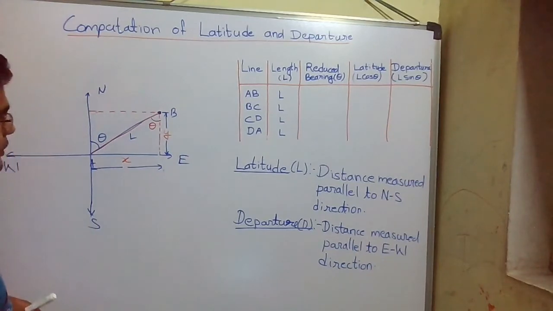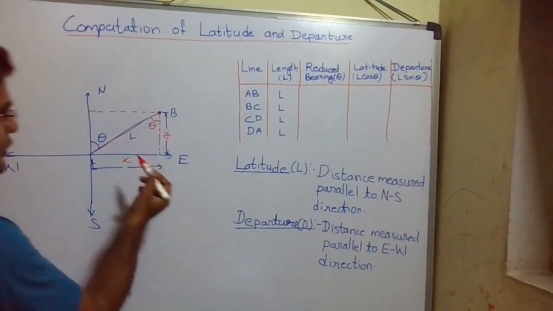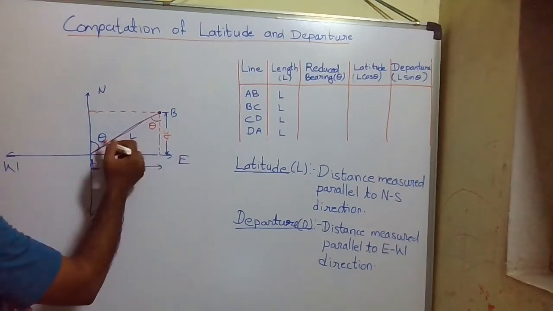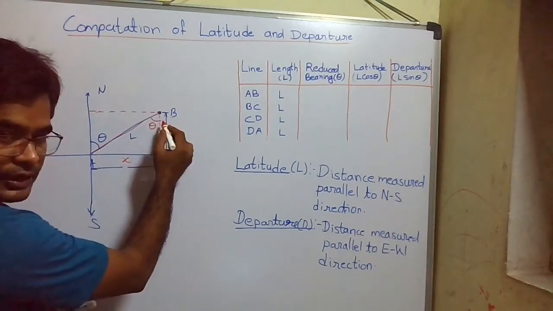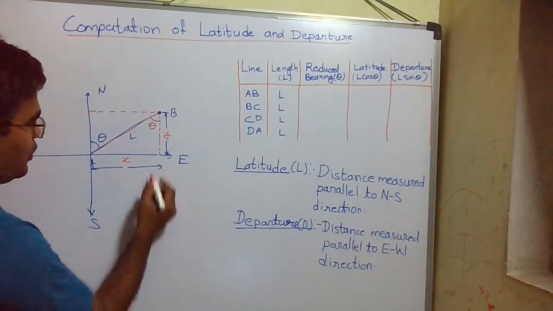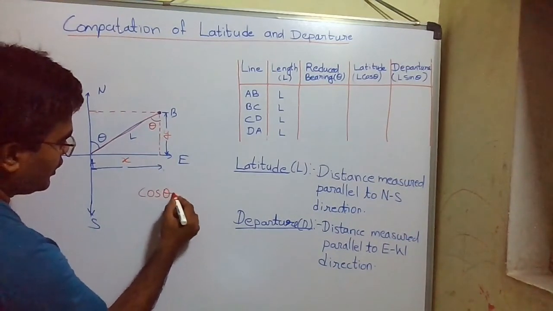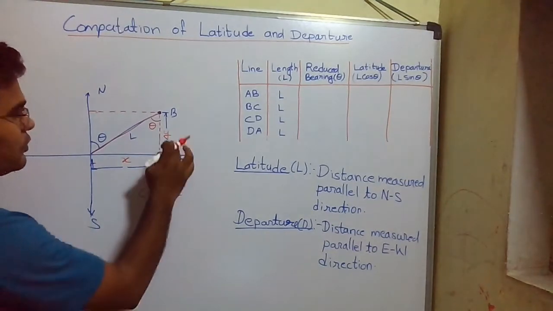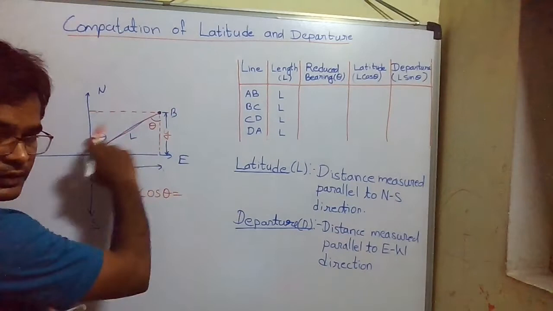What is the relation between this Y and this L? If we consider this triangle, then this line is the adjacent side. So here we can write cos theta is equal to adjacent side upon hypotenuse. This is the hypotenuse, line AB.